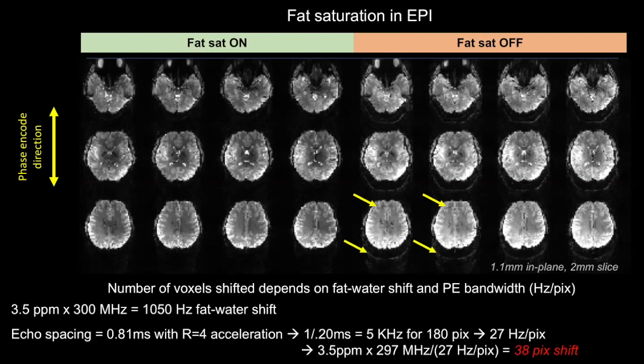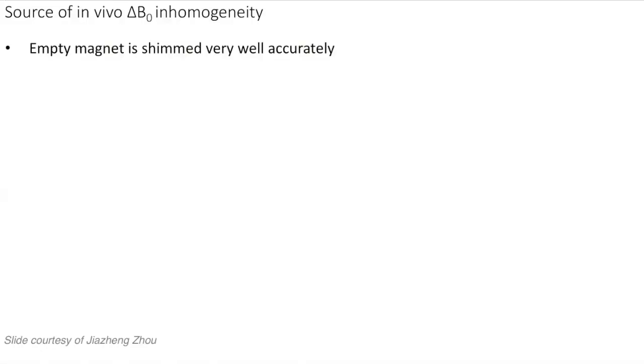And so, at 7T, depending on what your echo spacing is, and so forth, you can get a 38 pixel shift. And so I think it's very important to have fat saturation on, so that you eliminate this artifact. So it's just an interesting thing that comes up with EPI. It's in the phase encode direction. So just something to keep in mind.